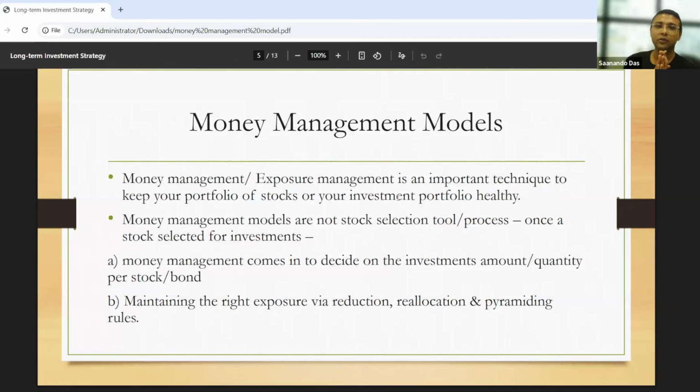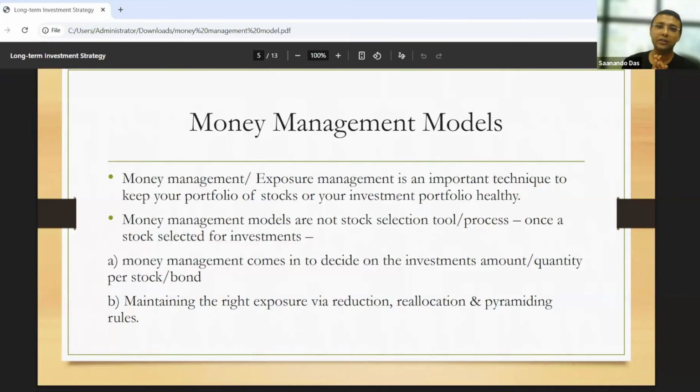When you are choosing a stock, it is like you have planted a tree or several trees or plants. But to have a healthy garden, you need to maintain it. Just putting down a plant or tree will not make your garden beautiful. It can make it a jungle if not maintained.